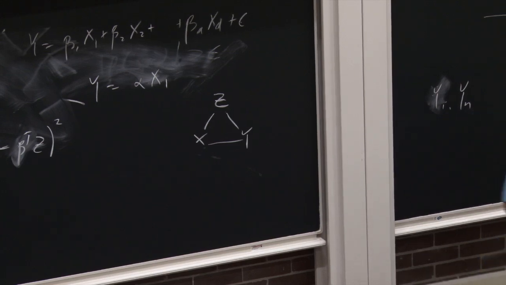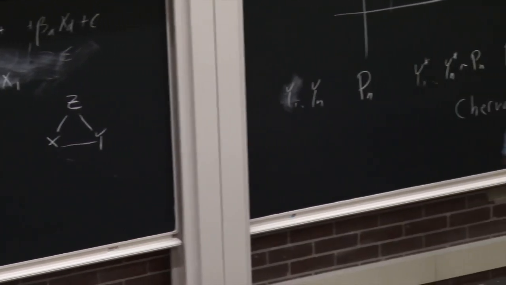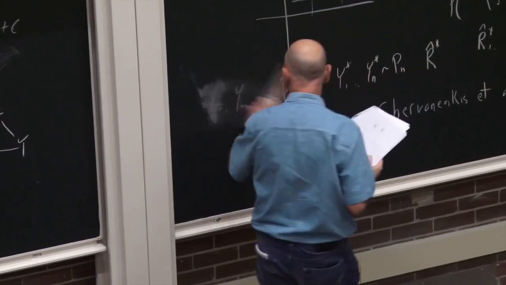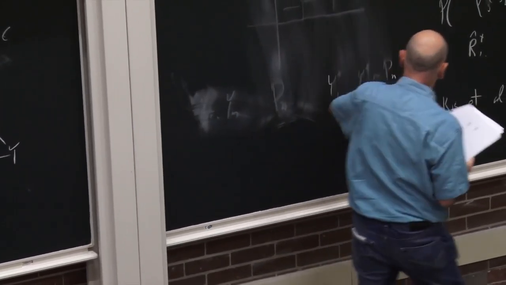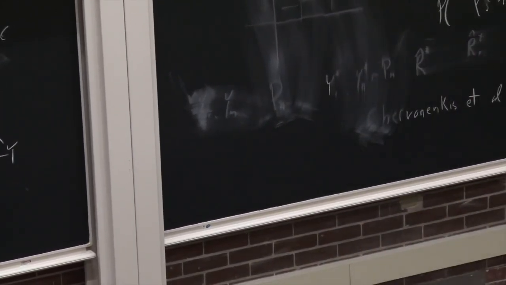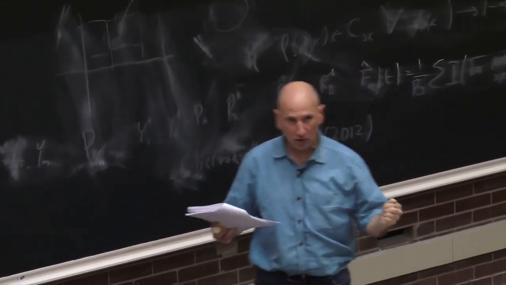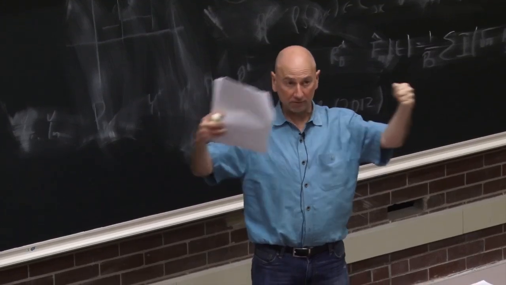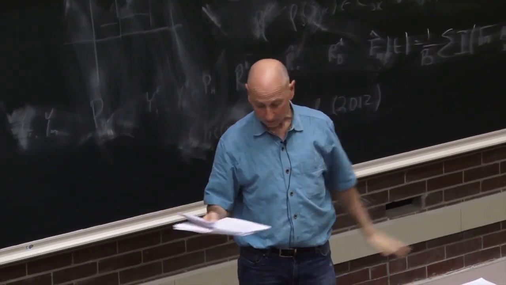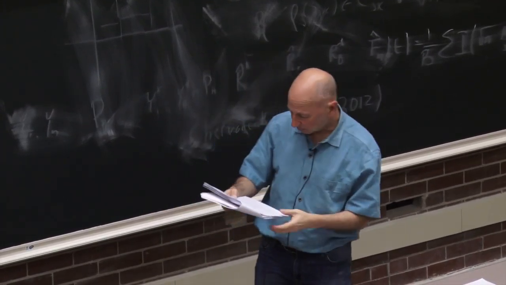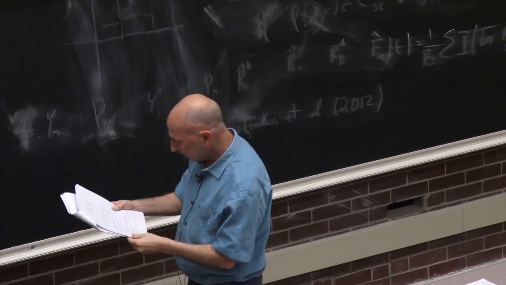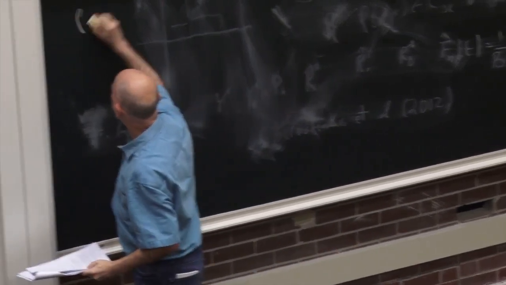Does that make some intuitive sense? It's the amount of correlation between x and y after projecting out z. If the only relationship between x and y is because they're indirectly related to z, then the partial correlation will be zero.